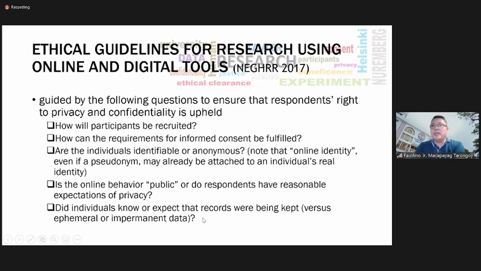And then you have to make sure that their identities are anonymous. Okay, you have to anonymize them. Either give them a code number or give them a pseudonym. If the behavior that you are measuring is public, and some of it is maybe private, make sure to consider whether there are expectations of privacy in terms of what is going to be disclosed in the responses.